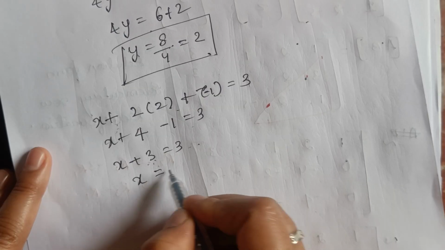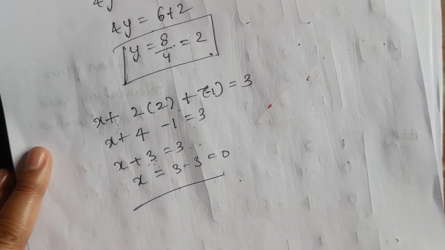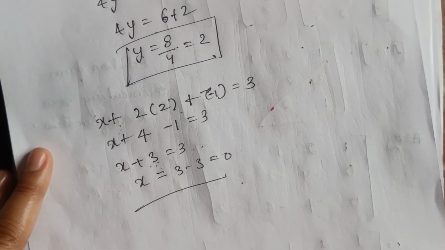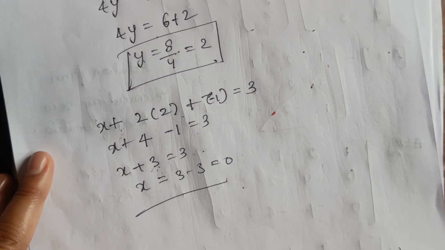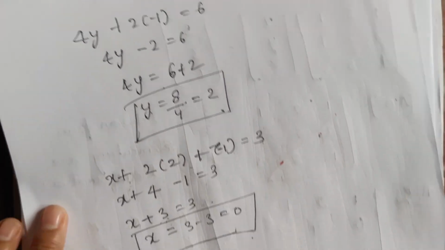So x equals 3 minus 3, which equals 0. So the value of x is 0.